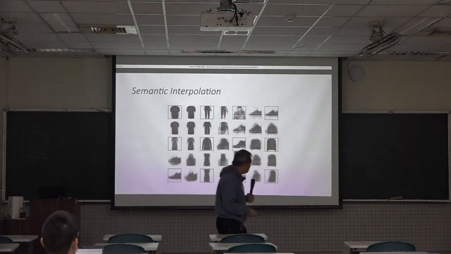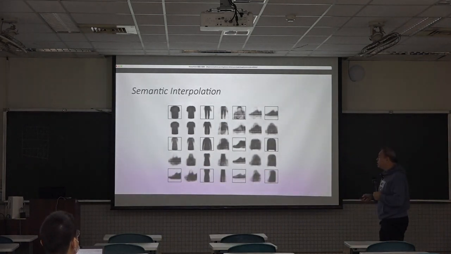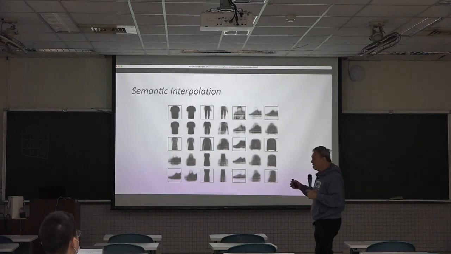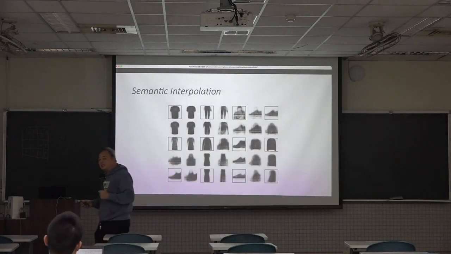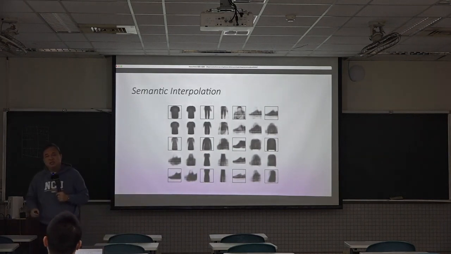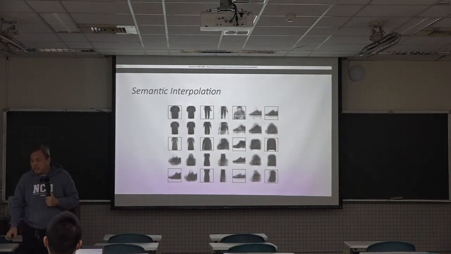That's semantic interpolation. I just want you to be aware that this variational autoencoder, especially the decoder part, can be used as a generative model. But obviously, the images that this variational autoencoder generates don't look so good, right?